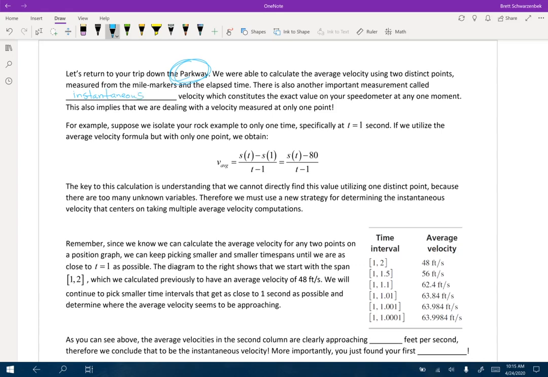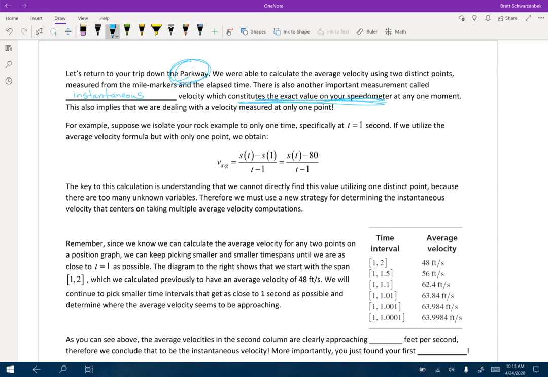So what does instantaneous velocity have to do with? It basically constitutes the exact value on your speedometer at any one moment. So when you're driving and you look down to check your speed and you see 38 miles per hour, let's say on a back road, or once again, 64 or 63 or 67 on the parkway, that one moment is your instantaneous velocity.